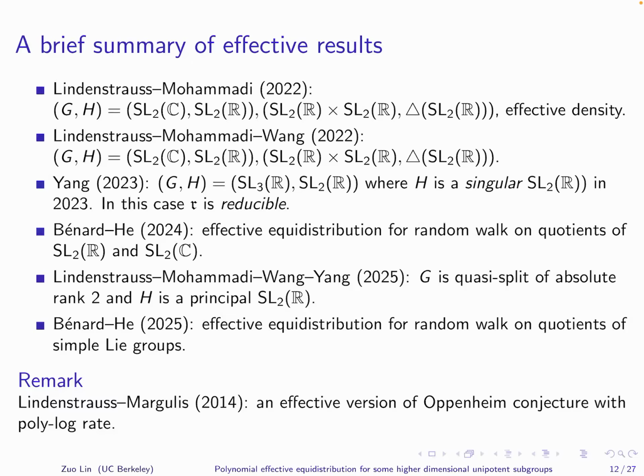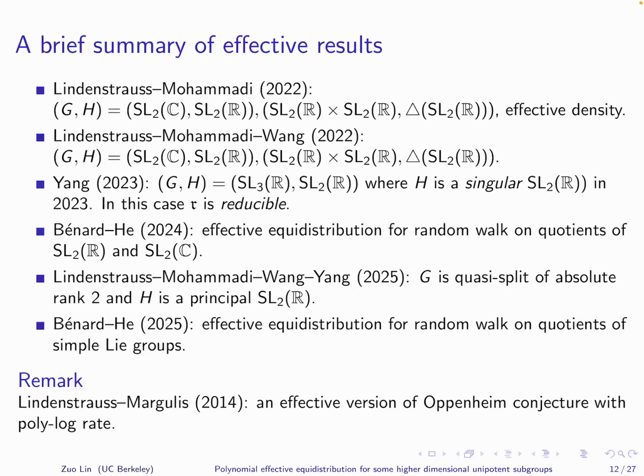And now let me give a brief summary of previous effective results. I will mainly focus on settings that are closely related to my setting, and I will refer to the paper by Lindenstrauss and Mohammadi for a more thorough survey on other previous works.